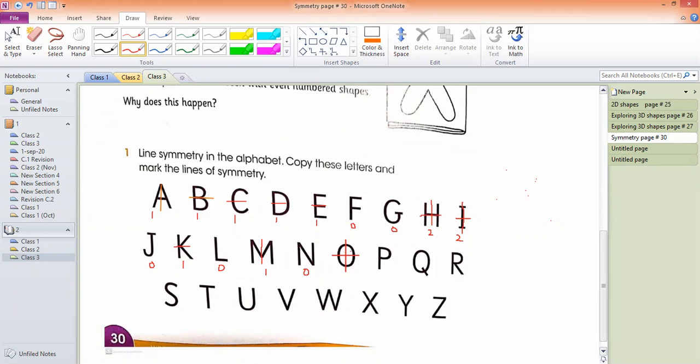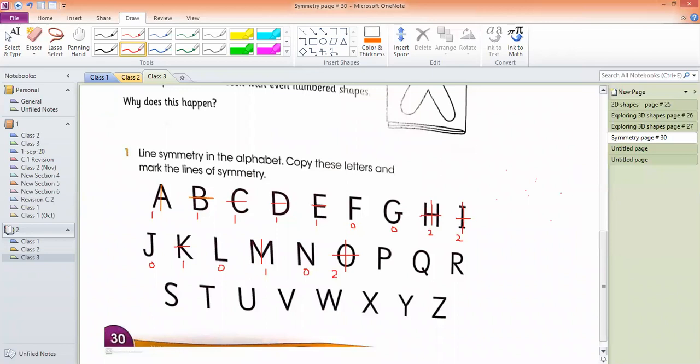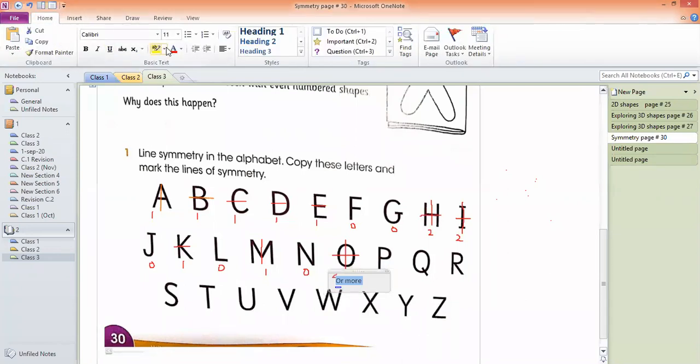So we will write here 2 or more. How many symmetry does O have? 2 or more.